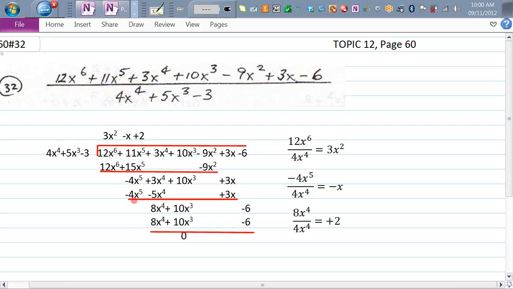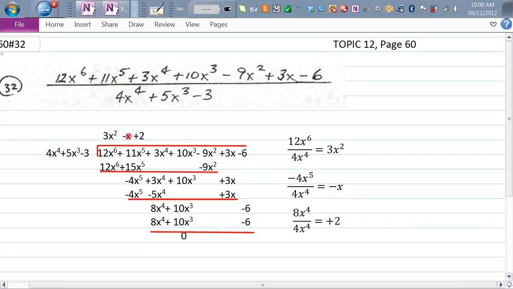So now I divide minus 4x to the 5th by 4x to the 4th, and that gives me minus x. This becomes the second term up in the quotient.